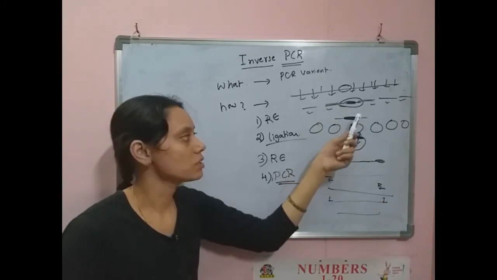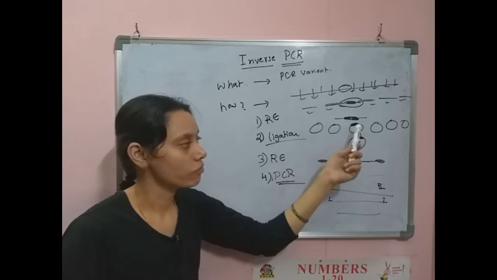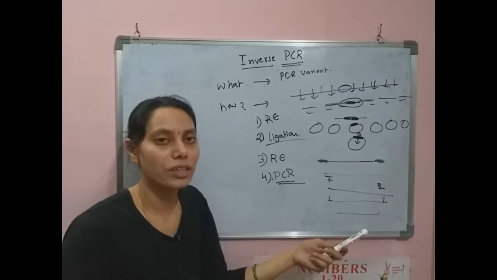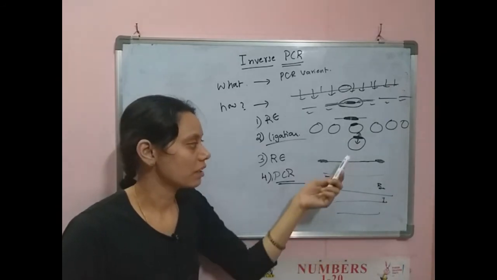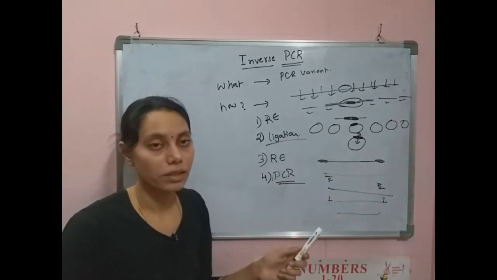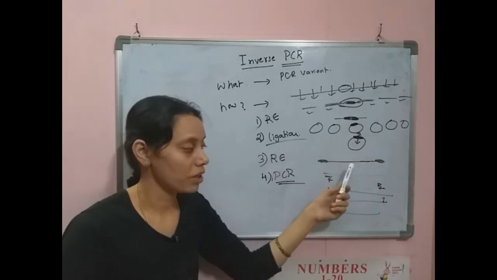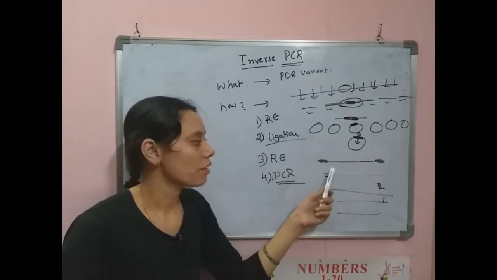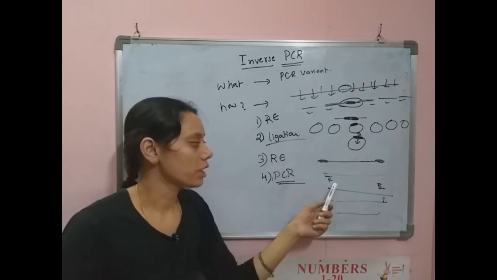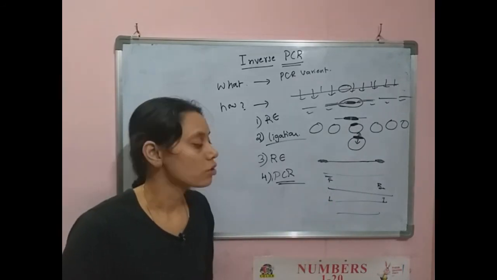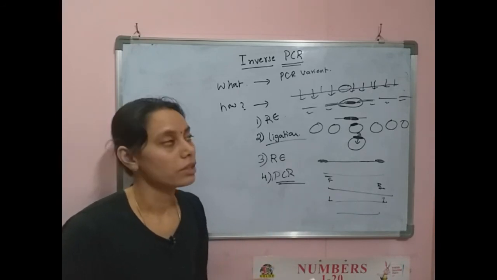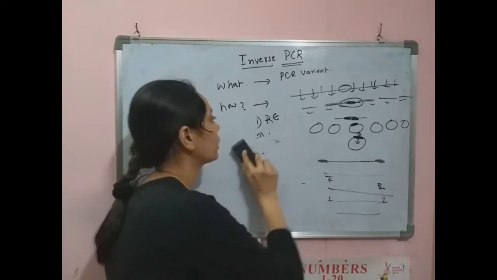Then what we do is cut over here and self-ligate that product, so that during the next restriction digestion cycle we have the linearized product that acts as the template for the PCR reaction, which has known sequences at its ends, so that the forward and reverse primers can be designed to them, and the targeted portion of the DNA is amplified. So that is how the inverse PCR works.